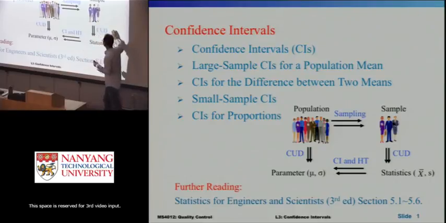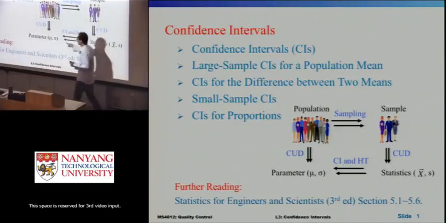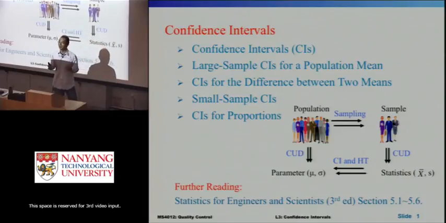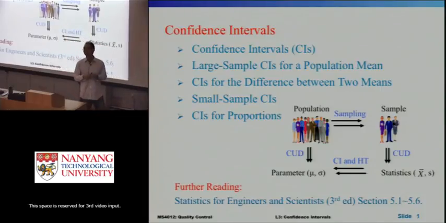We need to use X bar, the sample mean, and the standard deviation of a sample to estimate the population mean. Basically, we want to estimate the population mean. That is the goal for the next 2 lectures.